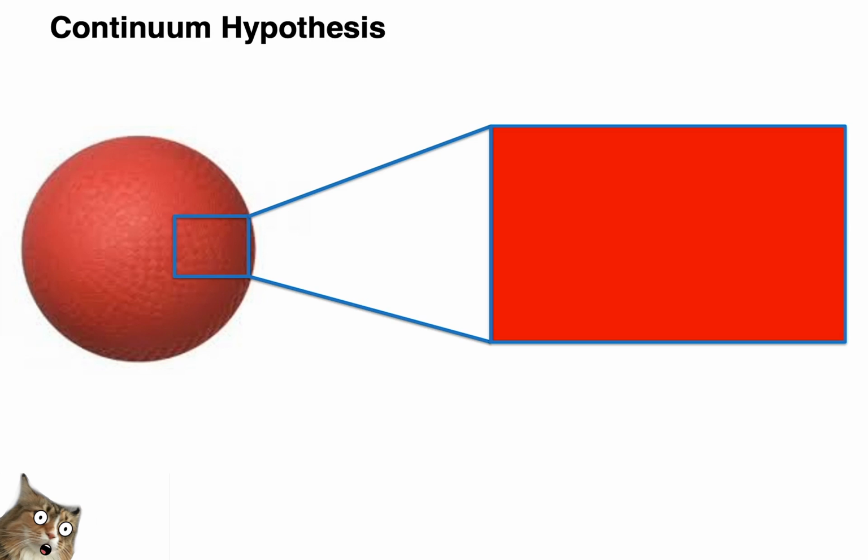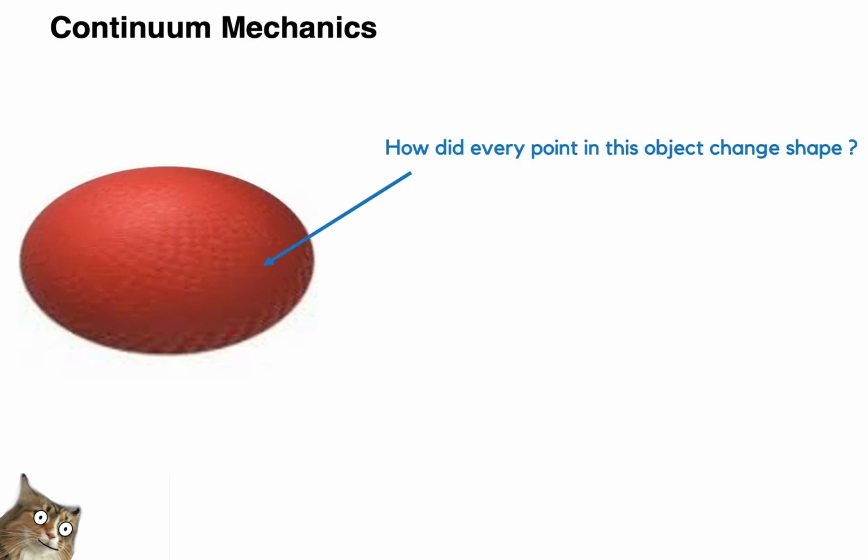Now, this model is not accurate at extremely small scales, but it's very useful for physics-based animation, which occurs at a much higher level. Continuum mechanics uses the continuum hypothesis to understand the motion of a deformable object. Essentially, continuum mechanics is interested in understanding how every point in a deformed object is moving.